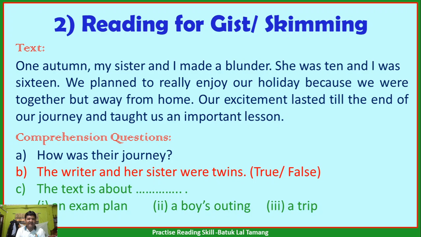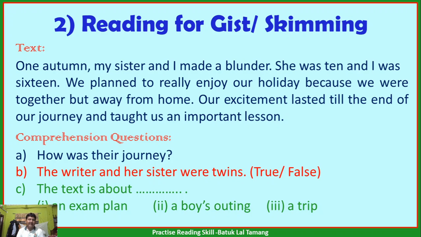About their journey, you cannot find the exact word, exact statement here. However, after reading the whole text, you have to find the gist of the text. Here, excited journey, lesson giving journey, this kind of word you can skim. You can find the gist of the text.